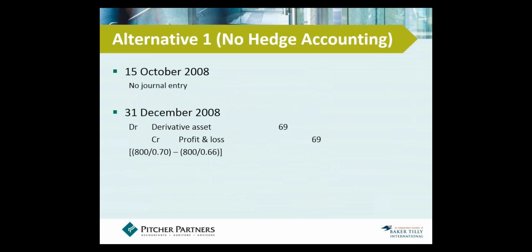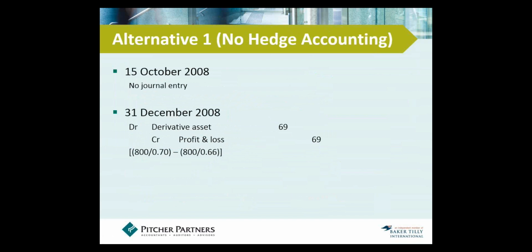Then on the 31st of December, we've not received the inventory yet, so we cannot say debit inventory, credit creditor. We haven't taken on the risks and rewards. However, we've got a foreign exchange contract. It was a good thing that we've taken out this foreign exchange contract because we took out the contract at the 70 cents.